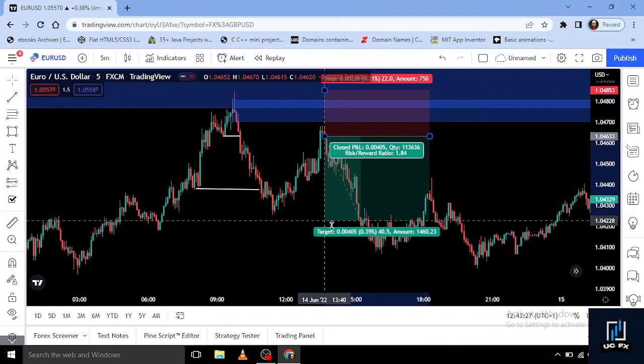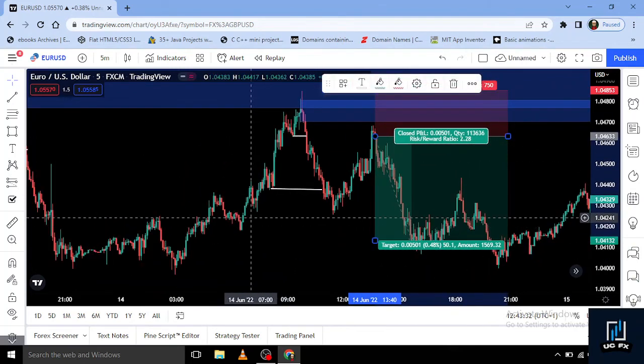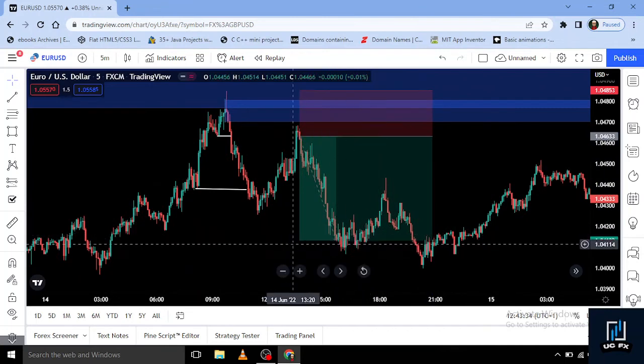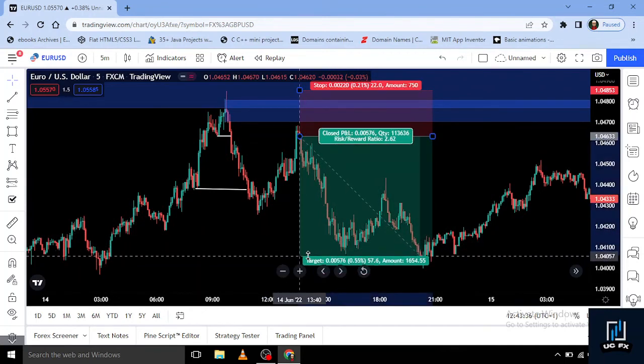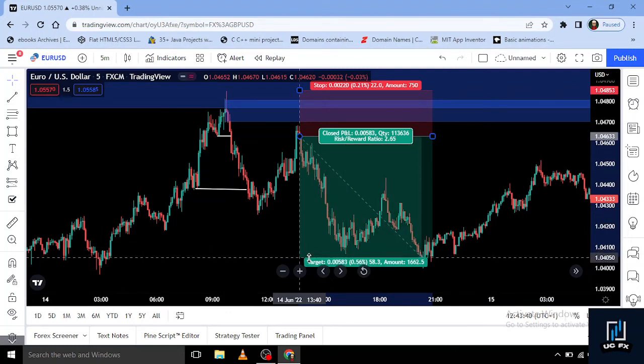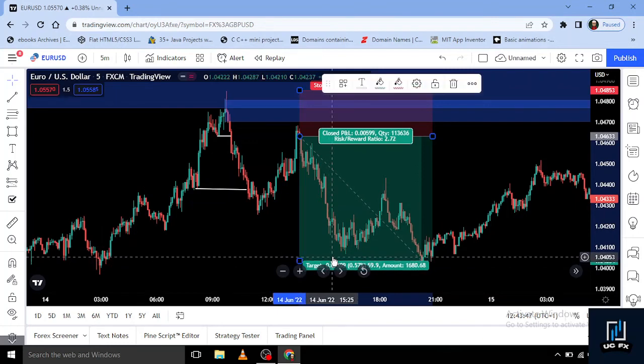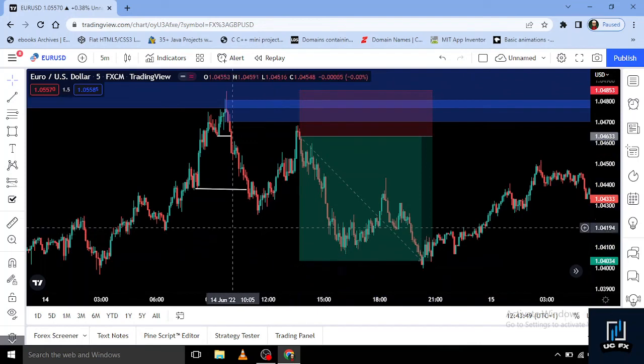Then you could be targeting lower, lower, lower. So I actually targeted the lows and got about 1 to 2, almost 1 to 3 risk to reward ratio.